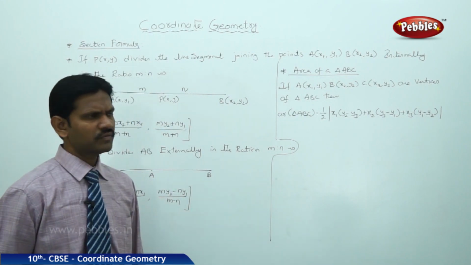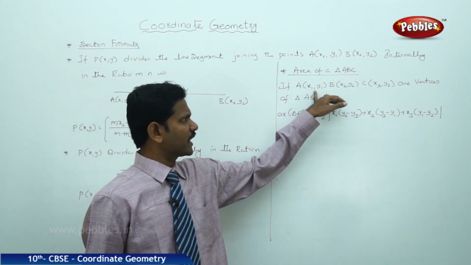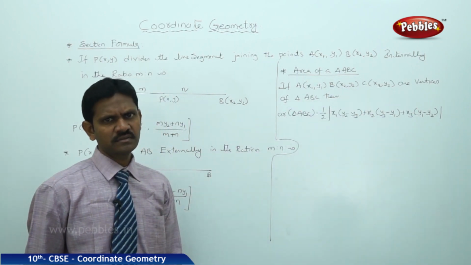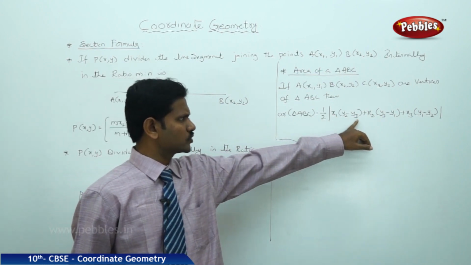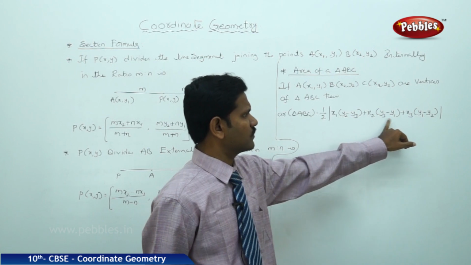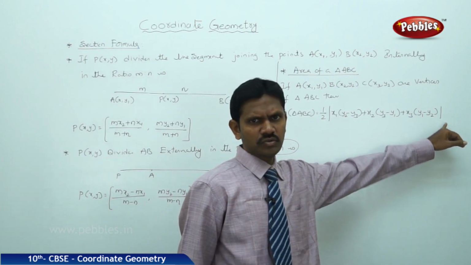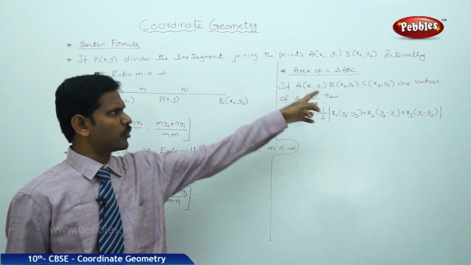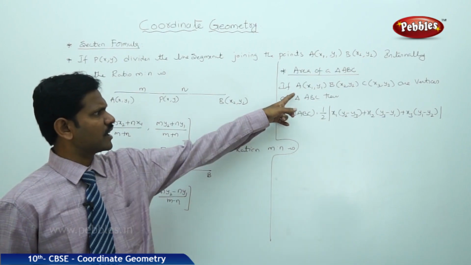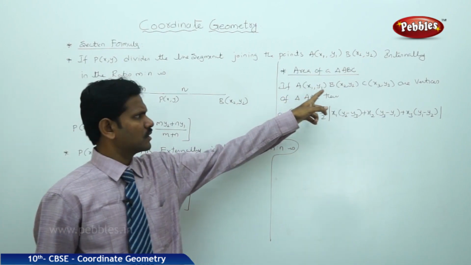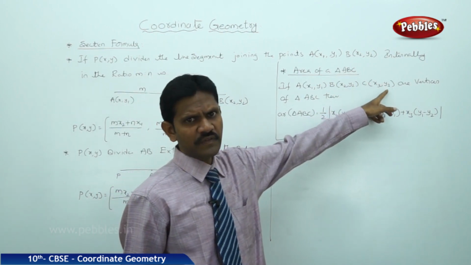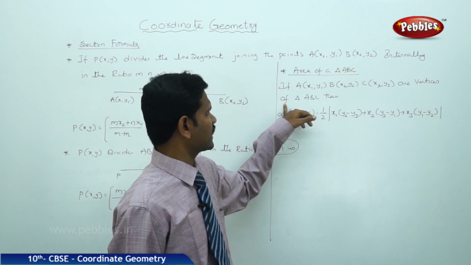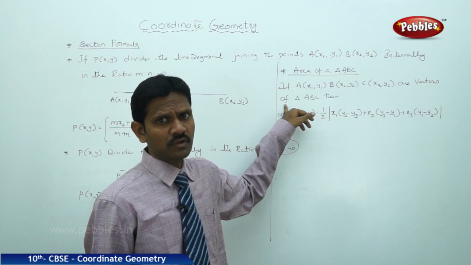Here the arrangement of x1, y1, x2, y2, x3, y3 is cyclic: 1, 2, 3; 2, 3, 1; 3, 1, 2. Previously we discussed that if A(x1, y1), B(x2, y2), C(x3, y3) are collinear, then the area of triangle ABC must equal 0.